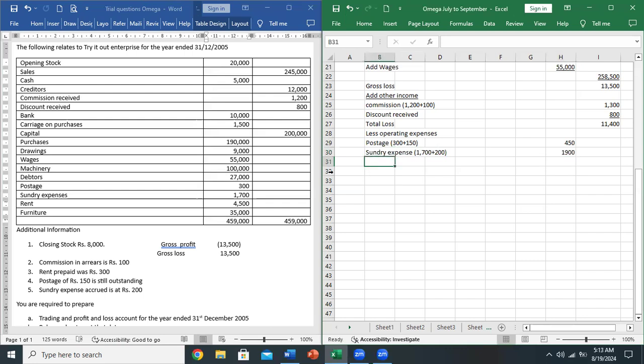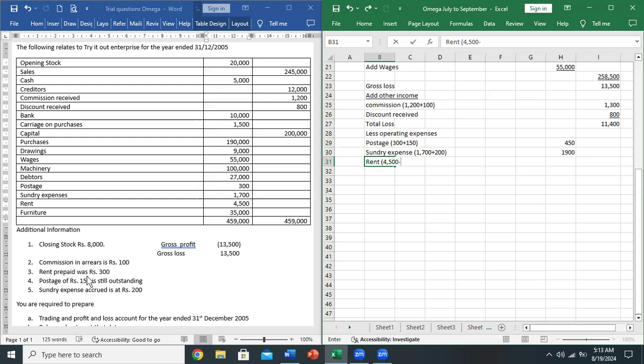After that, the next one is the rent. For rent, we are being told we already have 4,500, but we are also being told that rent is prepaid. For prepayment, we said you less.